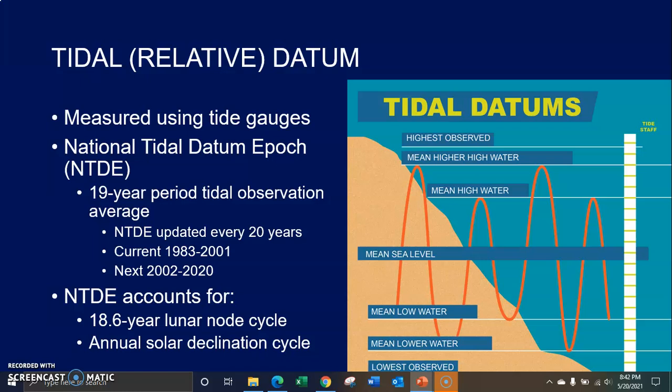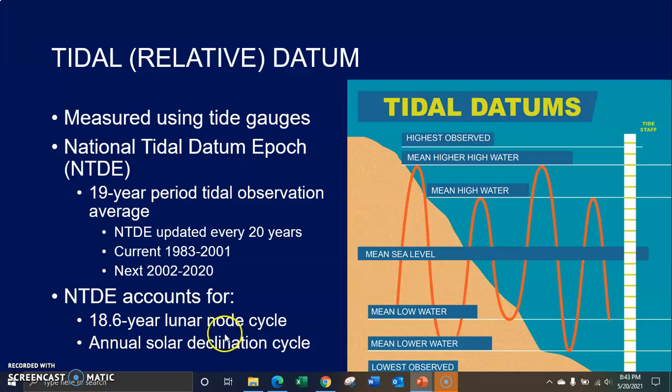This is accomplished through using tide gauges, but one important thing to note is that there has to be a National Tidal Datum Epoch, which is a 19-year period of continuous tidal observation averaging. The NTDE is updated every 20 years, and the current one is a little bit older, but we'll be coming into the next one shortly, once the data from 2002 to 2020 is processed.